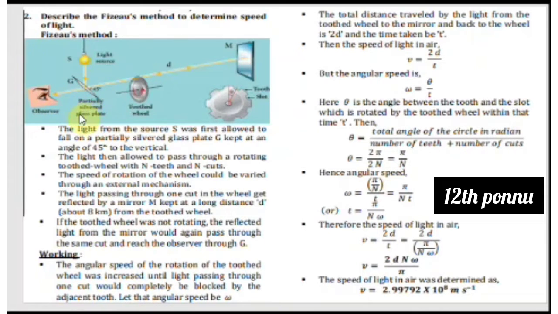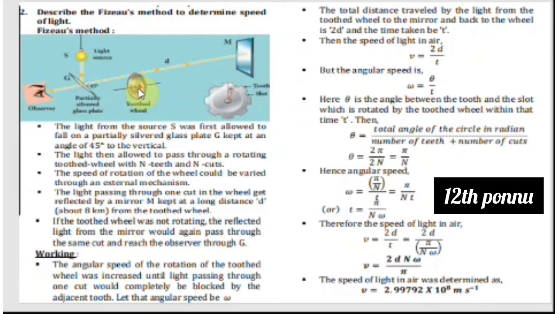So what is the construction? Light from the source S first falls on the partially silvered glass plate, kept at an angle of 45 degrees to the vertical. Then the light passes through the rotating tooth wheel having N cuts and N teeth.